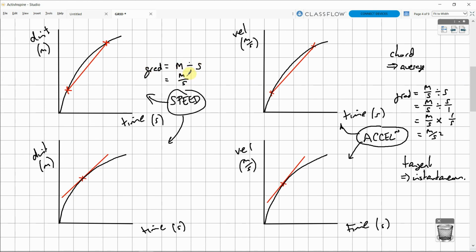Get your answer, and think about what that actually represents. So an average speed, or an instantaneous speed, and here an average acceleration, or an instantaneous acceleration. We'll perhaps look at an actual example in a future video.